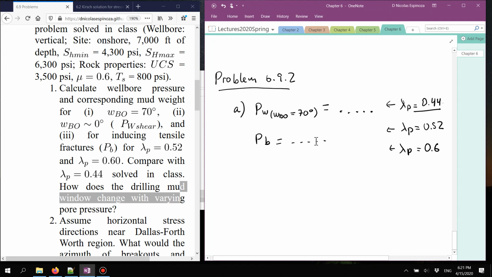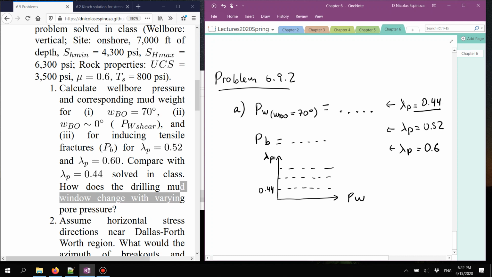And what you are going to see is that if this is your MAD window, and let's say we add an axis here with your overpressure, for an overpressure of 0.44, your MAD window, let me add these two other lines.